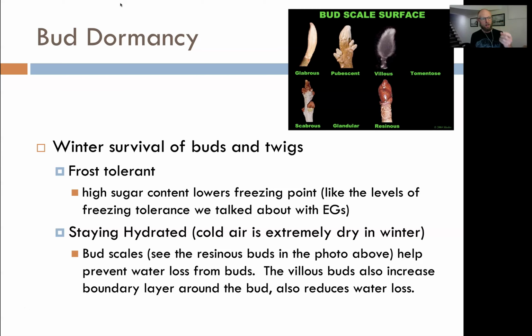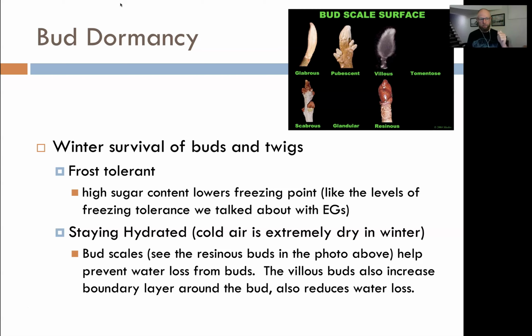And so those buds are susceptible to the really cold conditions and really dry conditions of the air during the winter. And keep in mind that these trees aren't transporting really much water during the winter. So whatever moisture is in the buds when they're formed, the tree really needs to hang on to that moisture in the buds throughout the winter without a supply of new water.